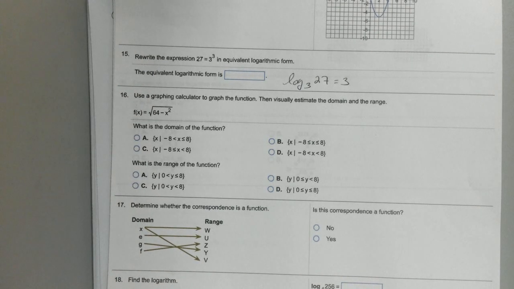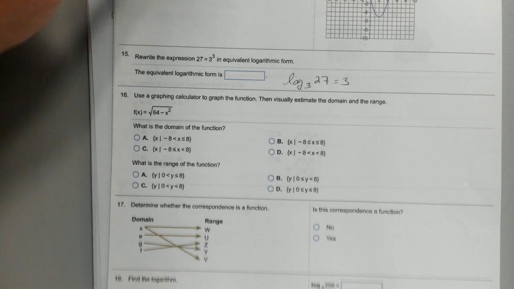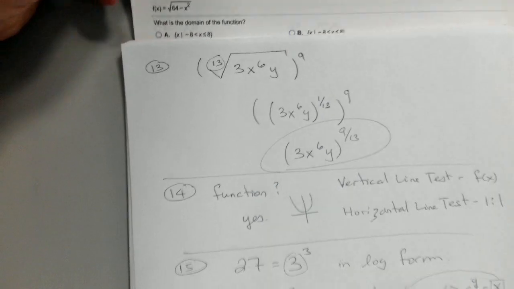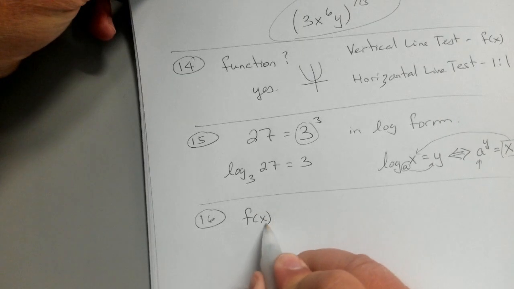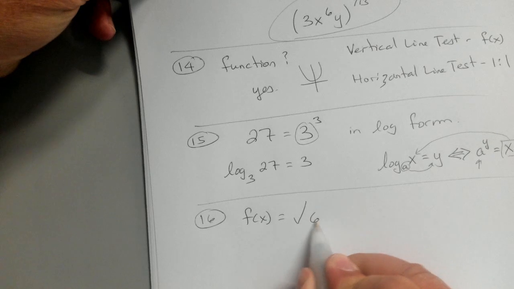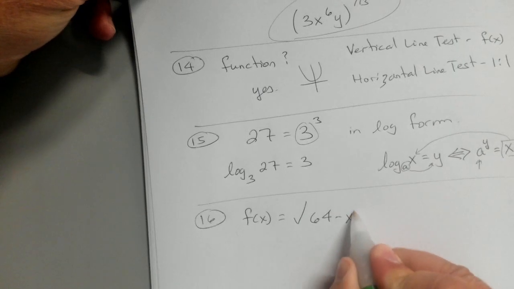What do we know about radicals? What can you not have inside there? Negatives. So the smallest number you can have inside there is 0. F of x equals radical 64 minus x squared.